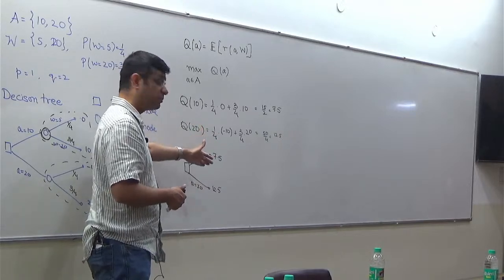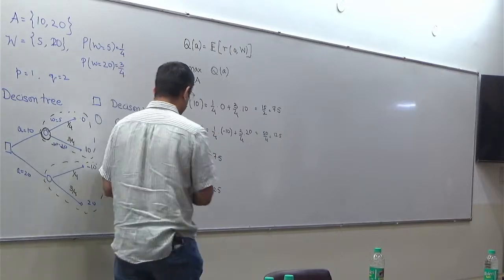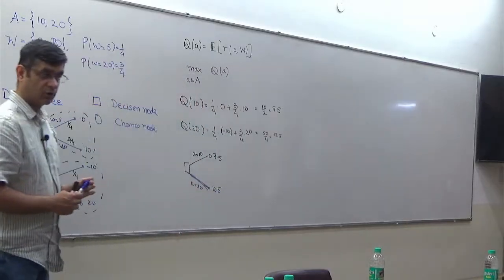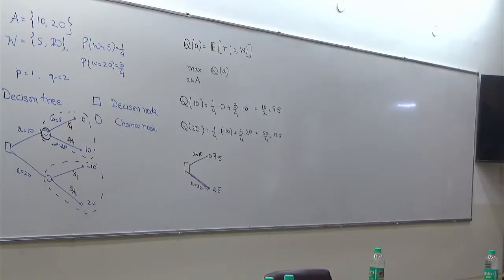In this case, I'm doing maximization. So I go and I say this alternative is the best alternative. Okay? So if I do not care about computational complexity, this is a very, very easy way to solve the problem. I write out the complete scenario of everything that can happen in the system.